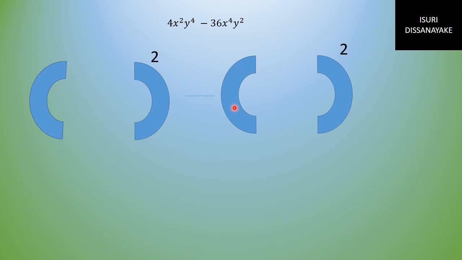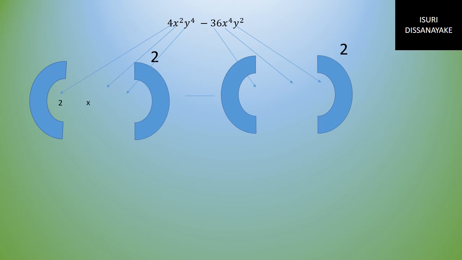I am going to split this sum. 4 I will take as 2 squared. x squared I will take as x. y to the power 4 I will have as y squared to the power 2. And here 36 I will write as 6 squared, x to the power 4 I will write as x squared to the power 2, and y squared I will write as y.